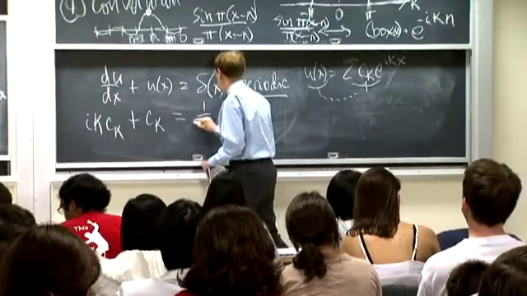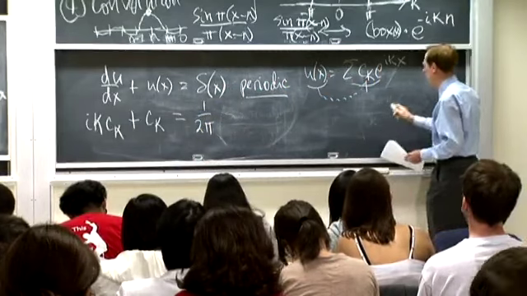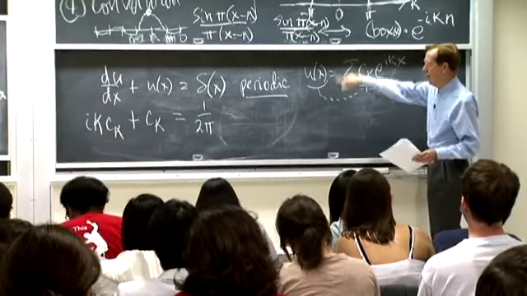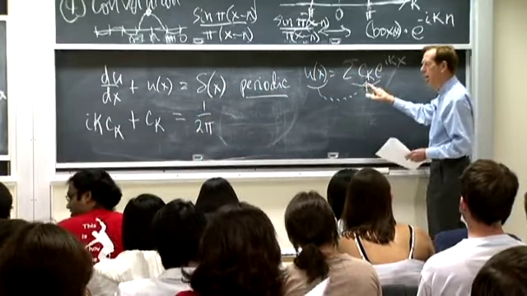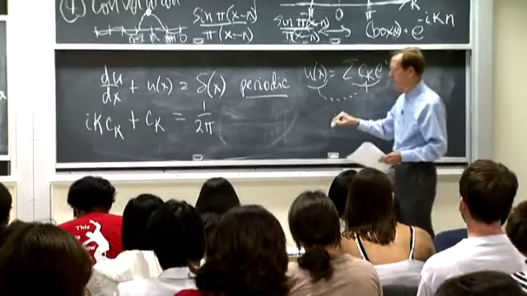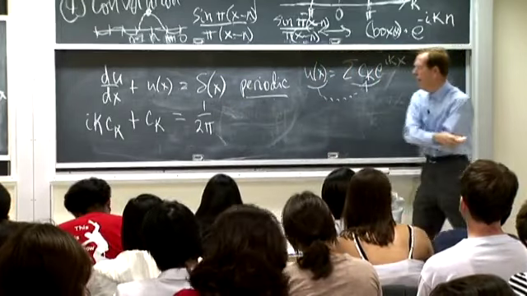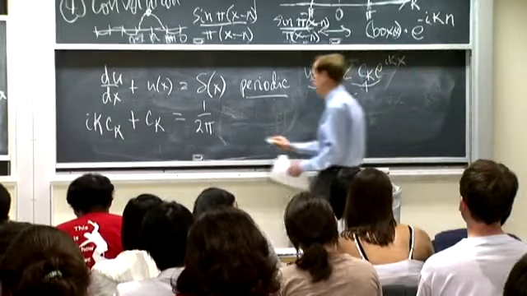Okay, 1 over 2 pi. Yes, because for the coefficient I would take the integral, and the integral with the delta function will give me the 1, and then there's a 1 over 2 pi. Right, okay. So now I've got the answer.